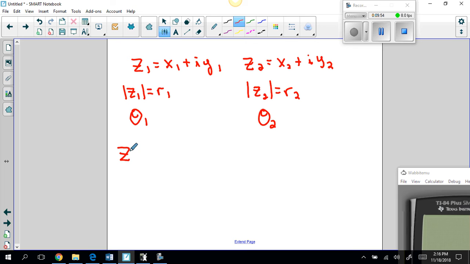Now, nobody likes multiplying complex numbers, because then you got to go back to FOILing.